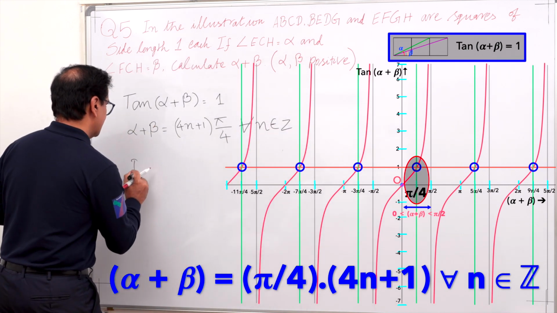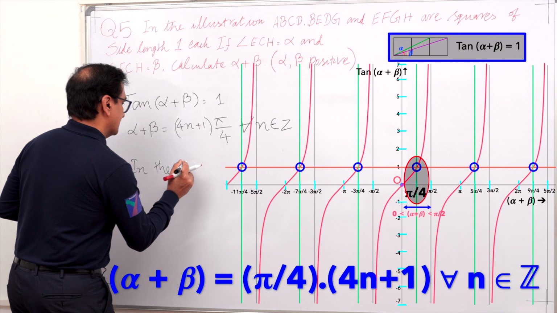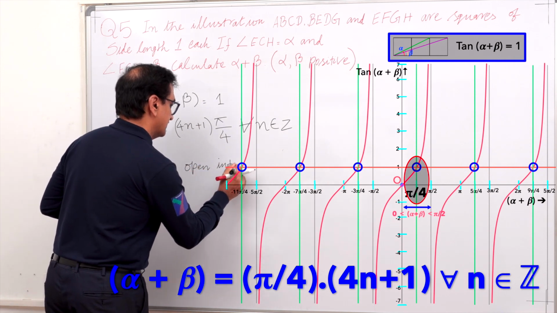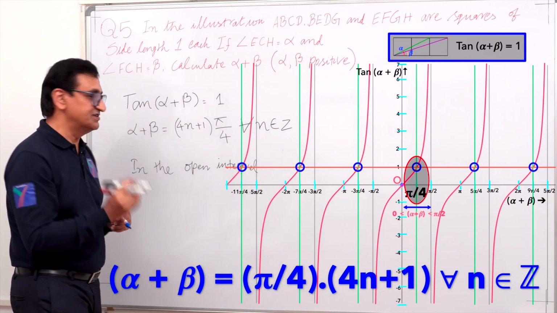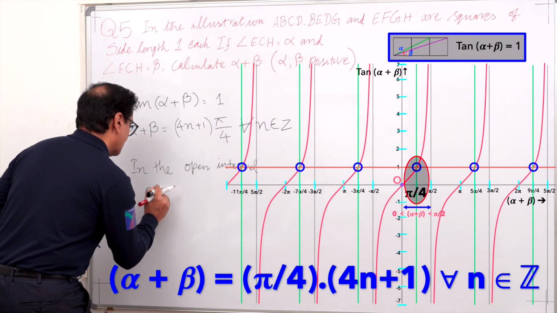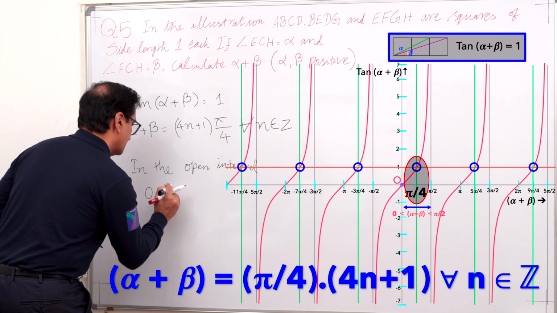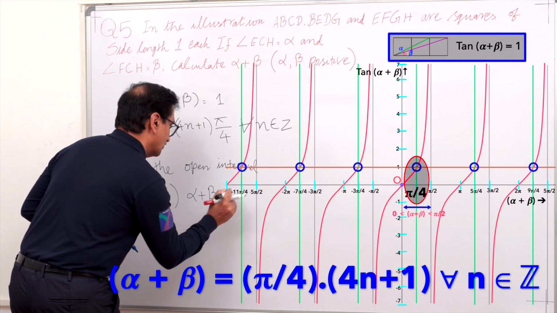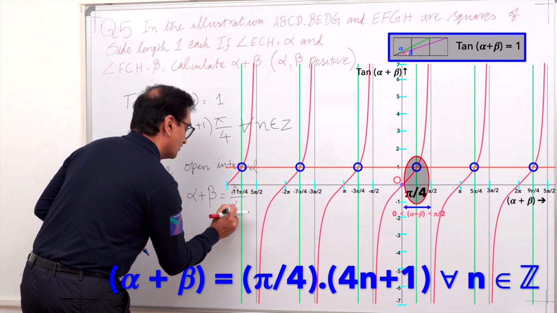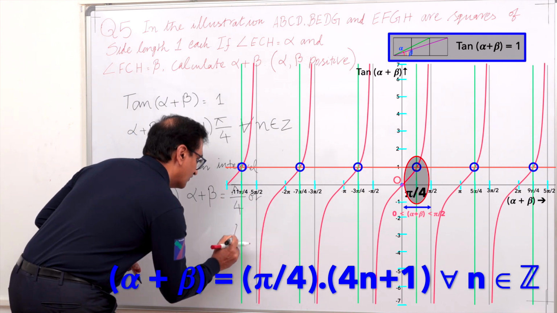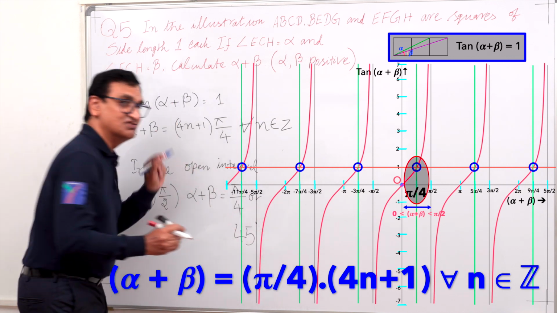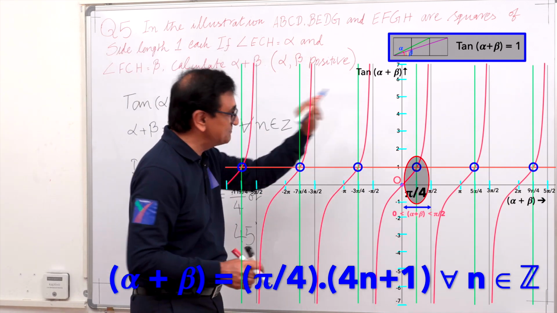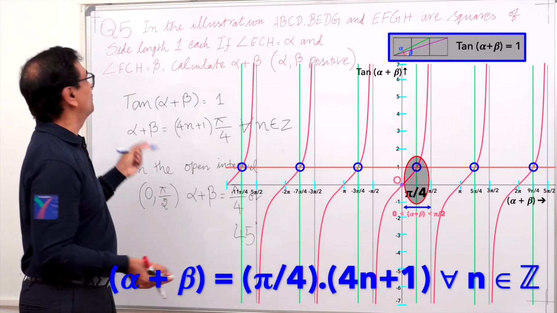Therefore, in the open interval 0 to pi by 2, alpha plus beta equals pi by 4 or 45 degrees. So this is the regular solution to our equation tan of alpha plus beta equals 1 for this particular situation. Let's get to question number 6.